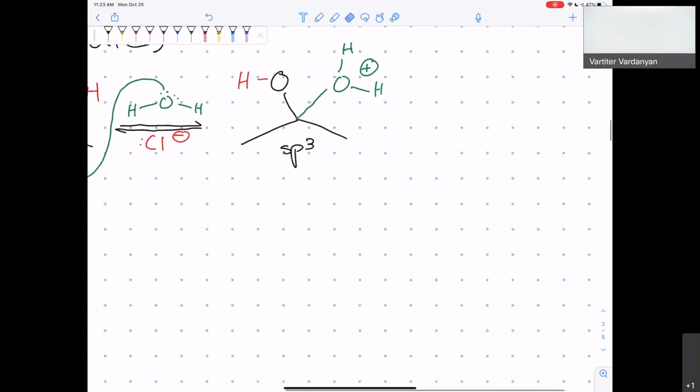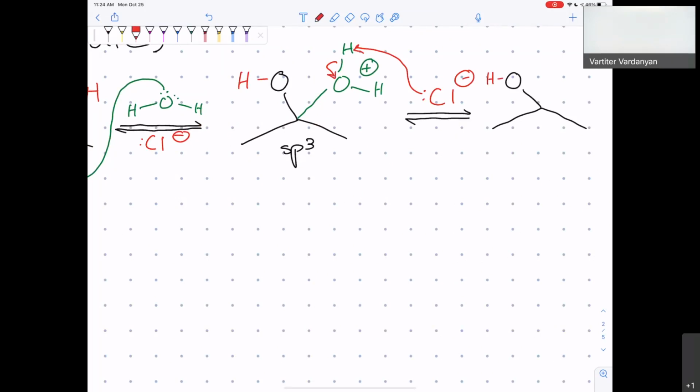So I'm going to scoot over just a tad again. We have Cl minus left in solution. And it's going to come over here and steal one of these guys. And we get this ugly looking thing.